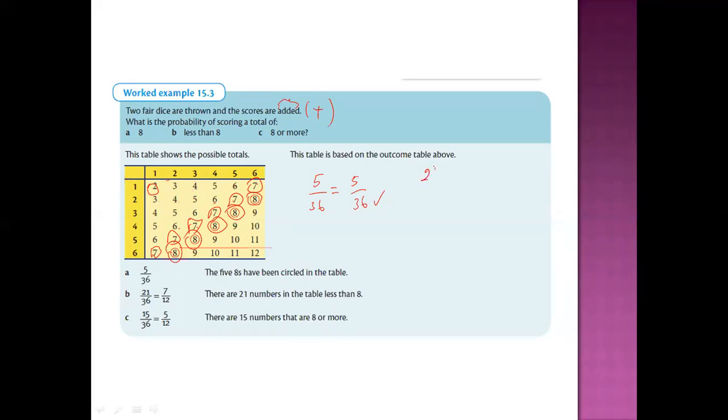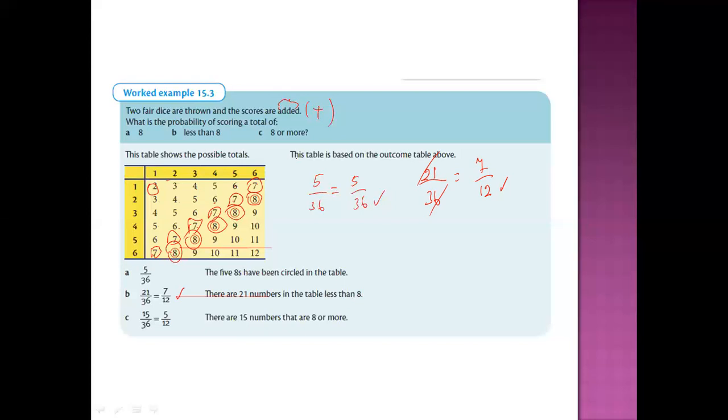We have 21 cases out of 36. When you simplify that by 3, you will get 7 over 12. Yes. And the explanation, as you see here, also we have 7 over 12. There are 21 numbers in the table less than 8.